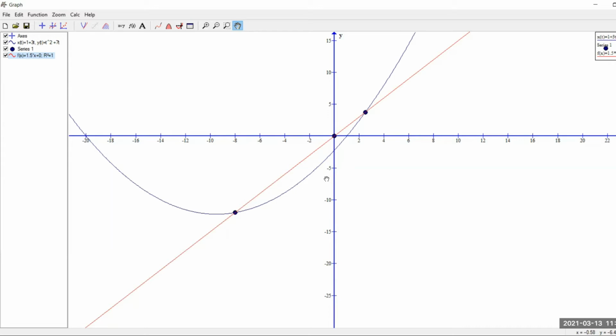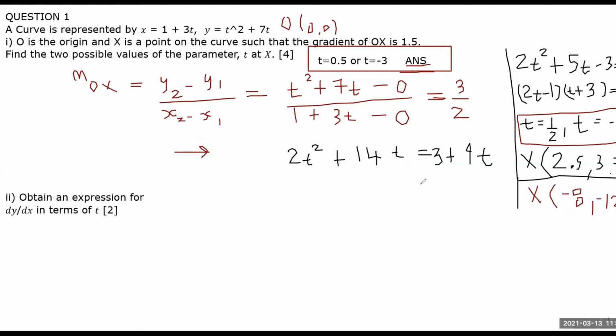So this is just verifying that the gradient is 1.5. Therefore, when t is indeed equal to a half and negative 3, we get that the gradient is 1.5 from the origin. So that's verification of this answer.